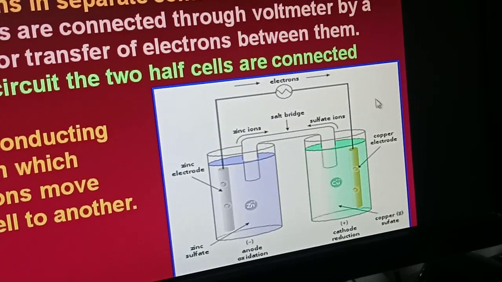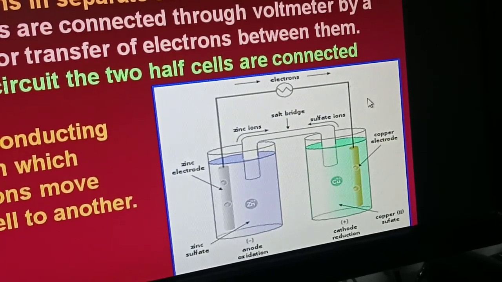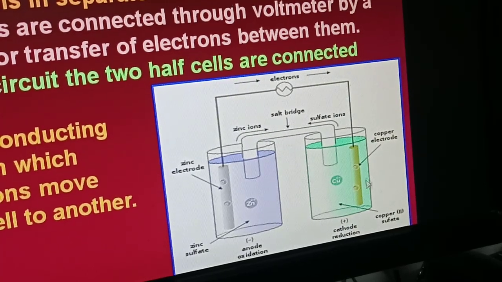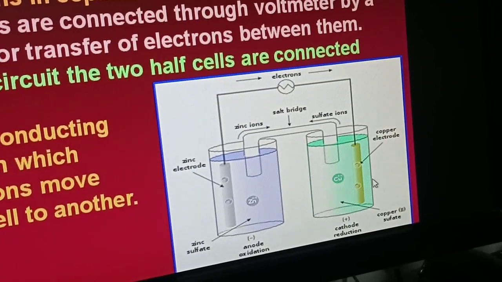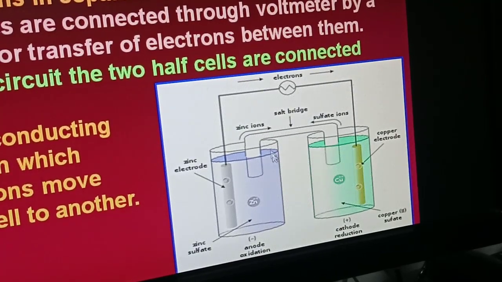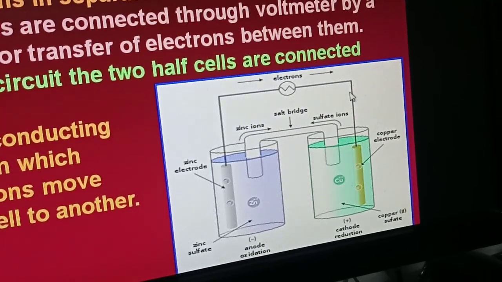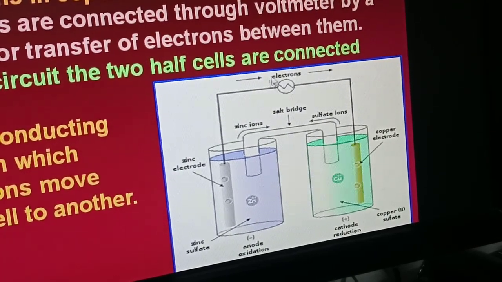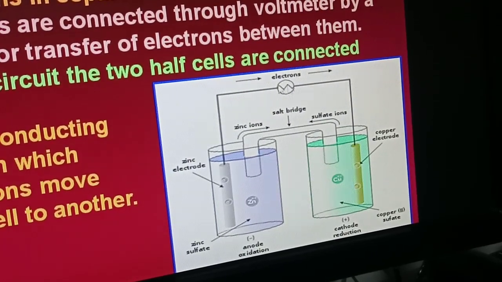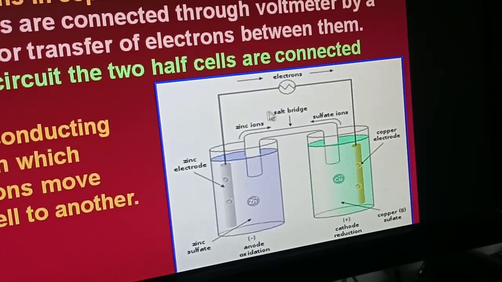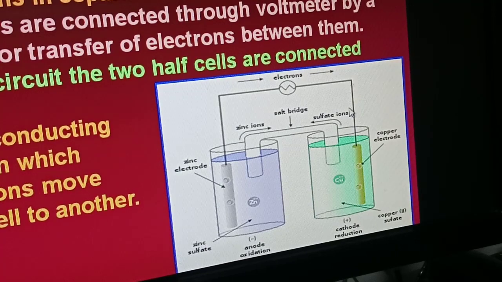It will be connected to positive terminal. This copper rod is immersed in copper sulfate solution. The two electrodes are connected through voltmeter by a conducting wire for transfer of electrons between them.